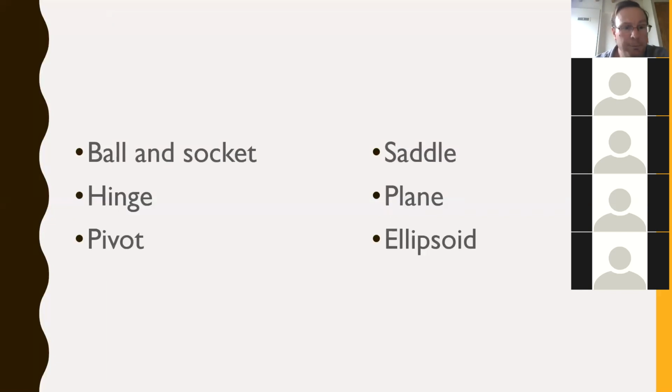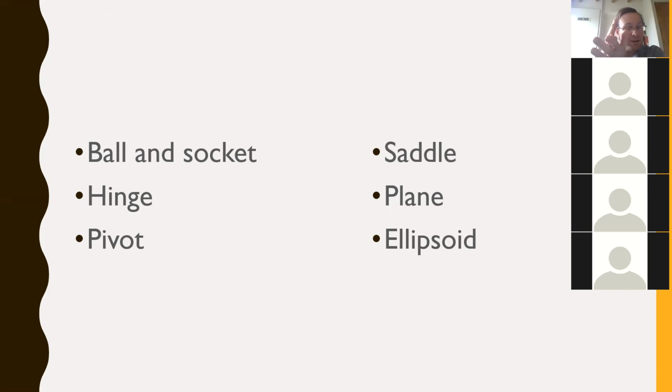So that's the lot. Ball and socket, hinge, pivot, remember in the neck. We've got our saddle joints. Remember, at the base of the thumb, a lot of movement in one direction, a lot of movement in the other, but no combined rotation. We had our plane joints: really minute movements between the collarbone and the scapula, the acromioclavicular joint.